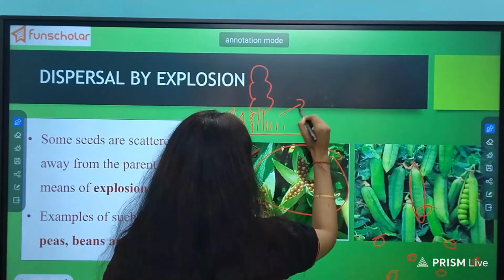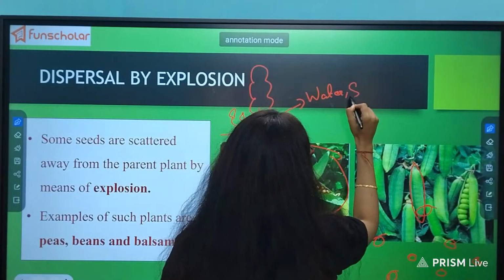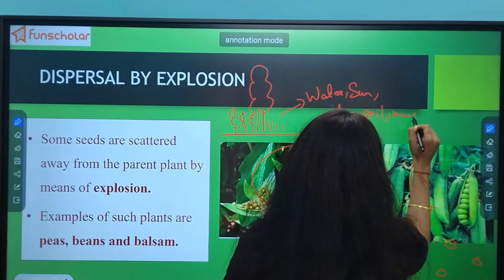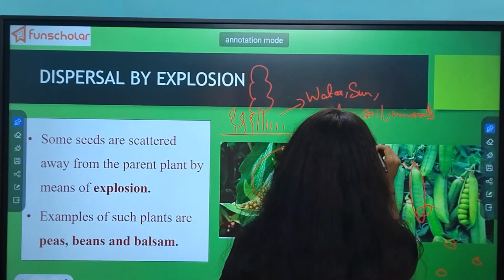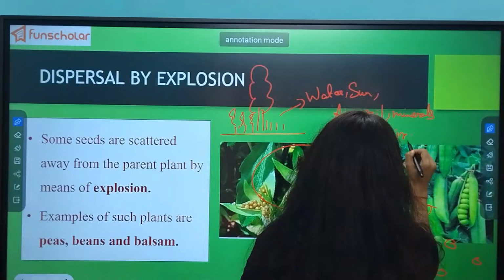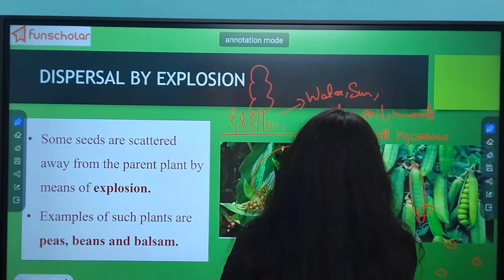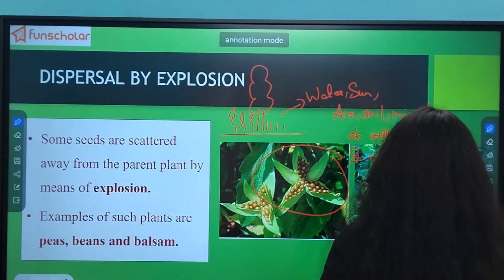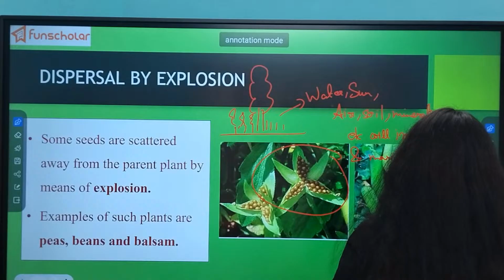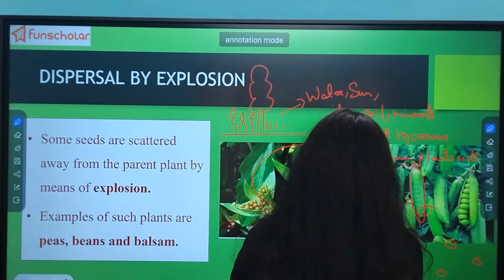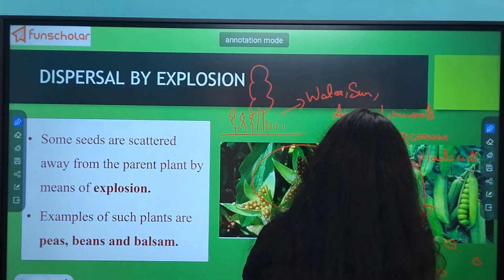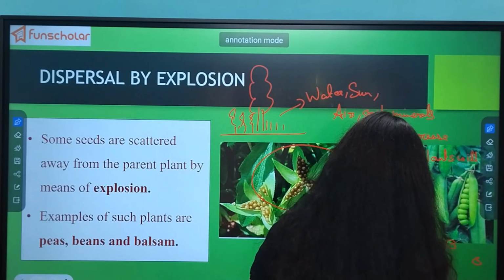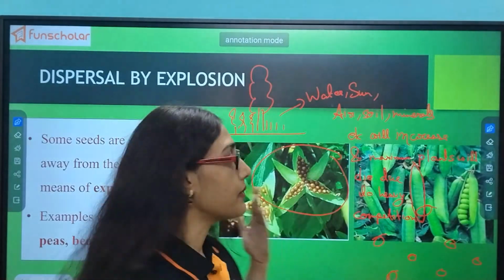So competition for water, sunlight, air, soil, minerals, etc. will increase, and maximum plants will die due to heavy competition.